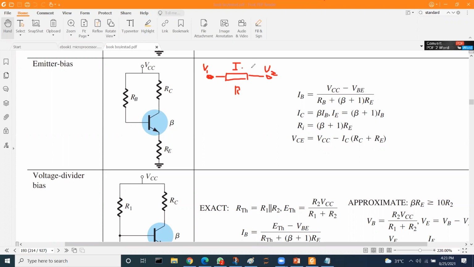So we are using the conventional flow from positive to negative. The current direction is this one.